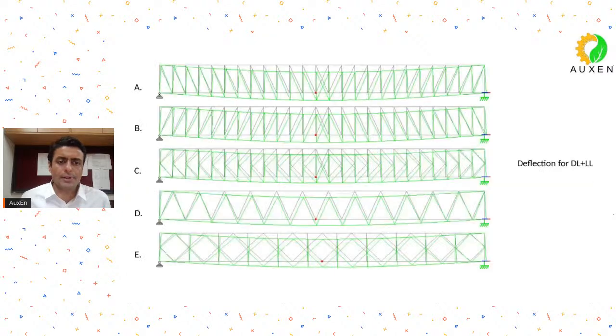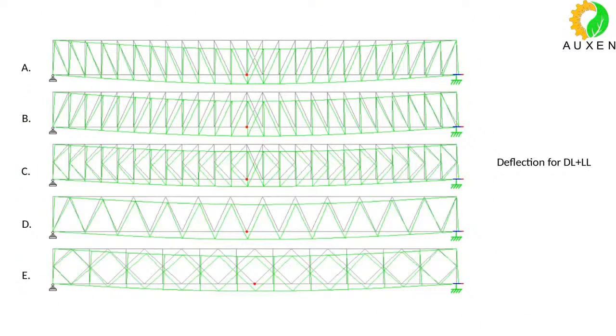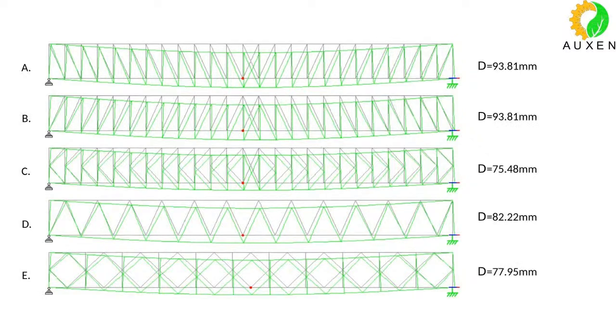Let's move ahead. Let us compare the deflections. Till now we compared the ultimate criteria. Now let us compare the service criteria. I have highlighted the nodes at which we will be checking deflection for the service load, and these are the deflection values on your screen.